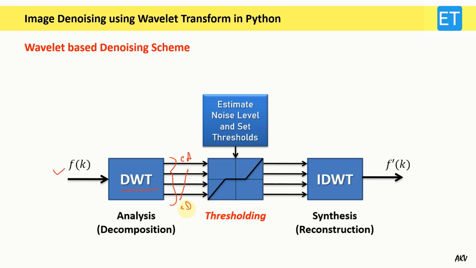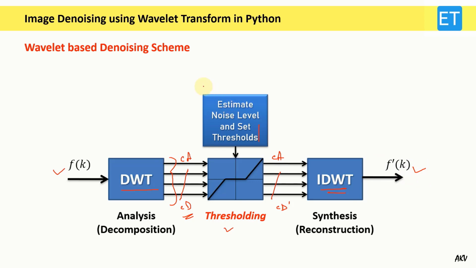These detail coefficients are thresholded by some thresholding function, and we get the thresholded detail coefficients CD dash. The approximation coefficients remain unchanged, and then we collect all these wavelet coefficients and take the inverse transform to get the denoised image or signal f dash k.